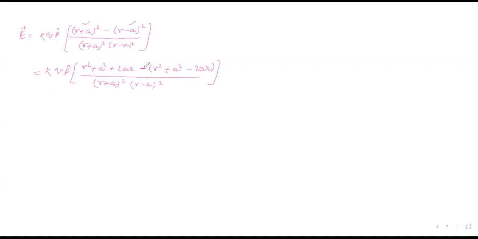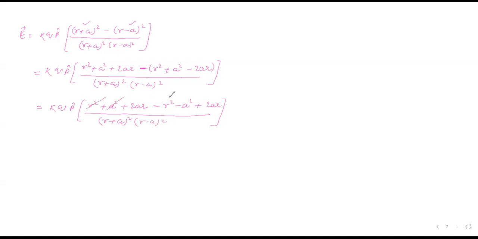And now multiply this minus sign into the bracket values: kq into p vector, r square a square plus 2ar minus r square a square plus 2ar over (r plus a) square (r minus a) square.